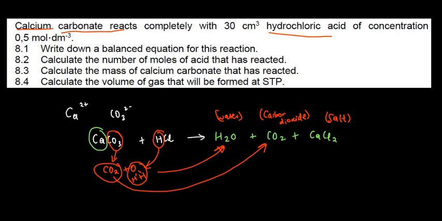When you have an acid and a carbonate, you're going to have H2O and carbon dioxide. Then the remaining ones join to form calcium chloride, as you can see there. So that's where everything is coming from.